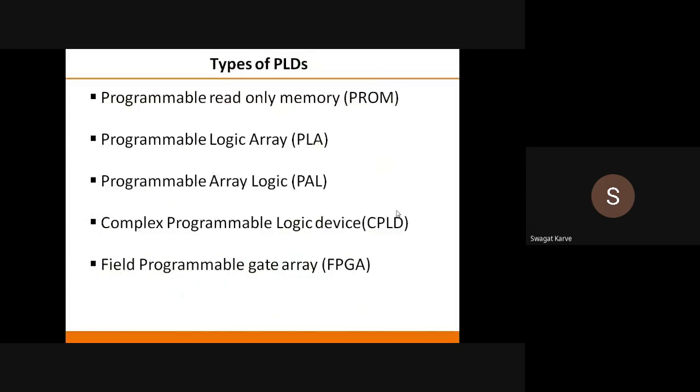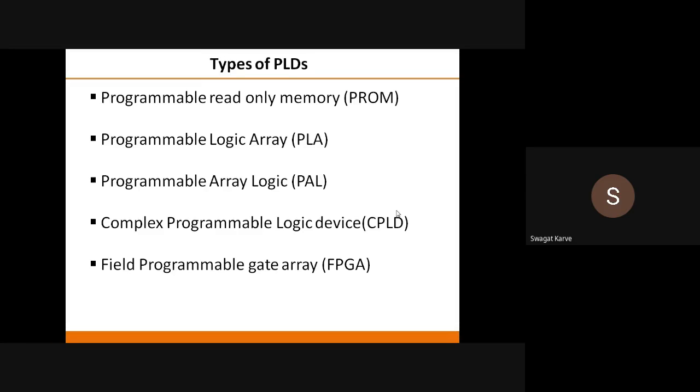Now the next thing is types of PLD. Depending upon the configuration, in some cases both the AND array logic and OR array logic are fixed, in some cases both are programmable, and in some cases any one of them is programmable.